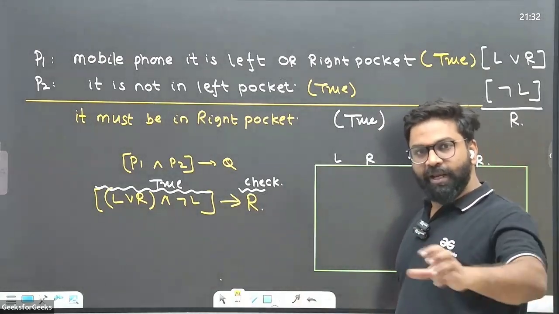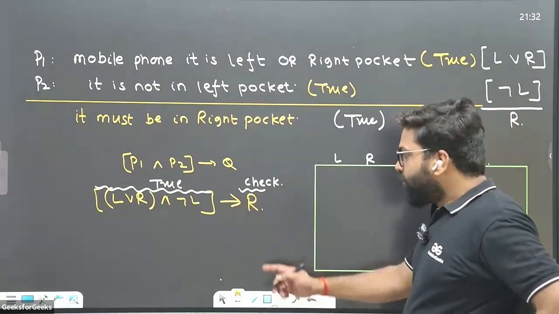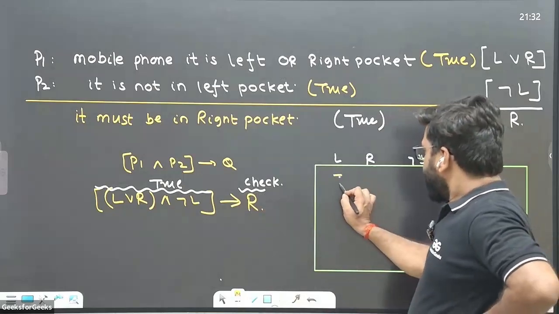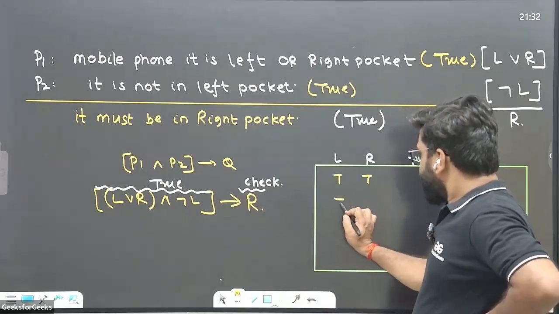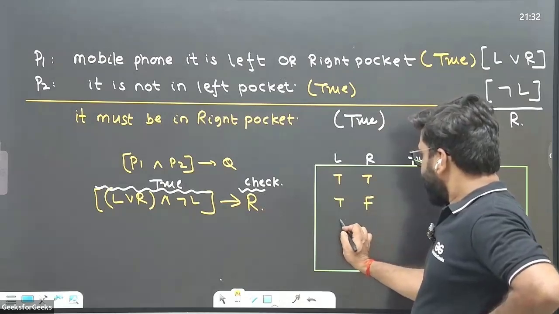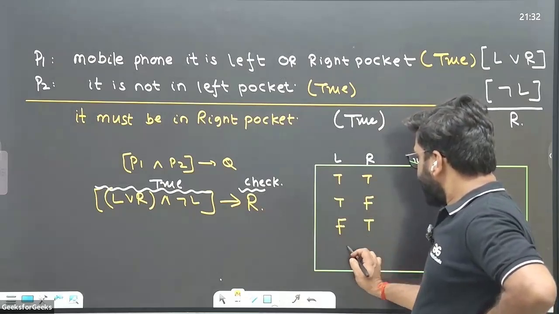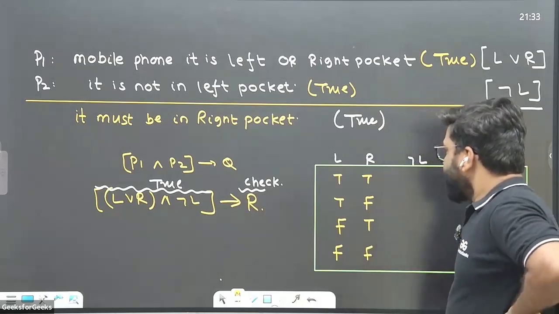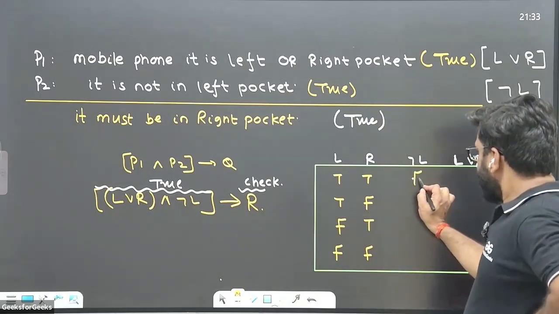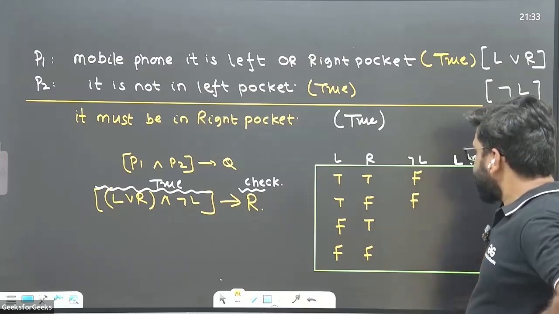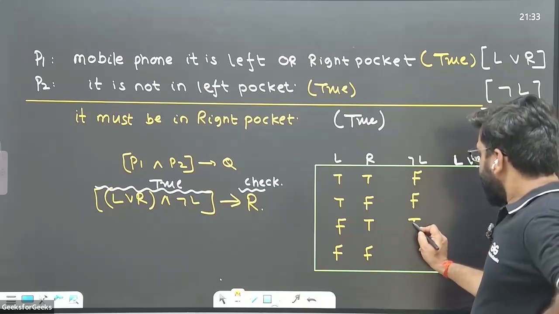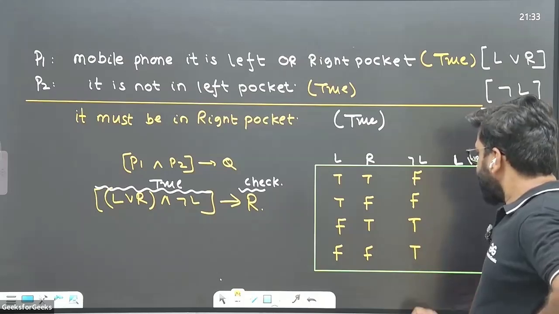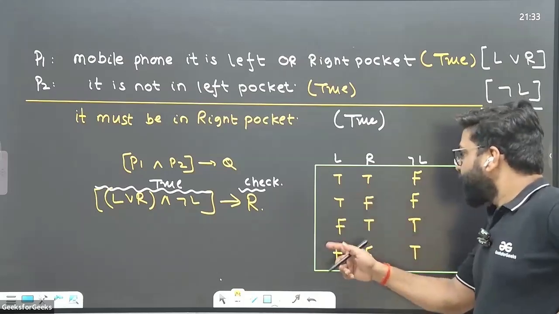For L: true, true, false, false. For R: true, false, true, false. Negation of L: false, false, true, true.